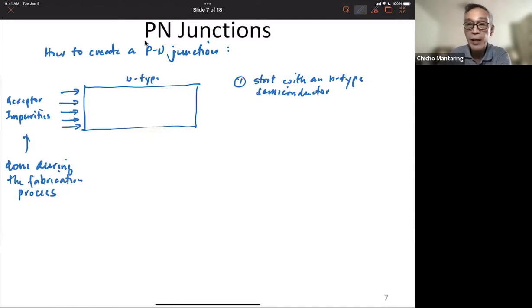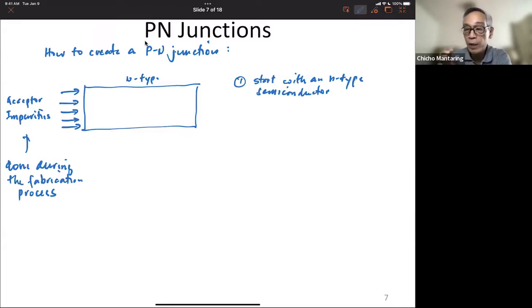So you have the N-type there, and then in the diffusion oven, you introduce the acceptor impurities, and you do it in such a way that only one surface is exposed to the acceptor impurities.